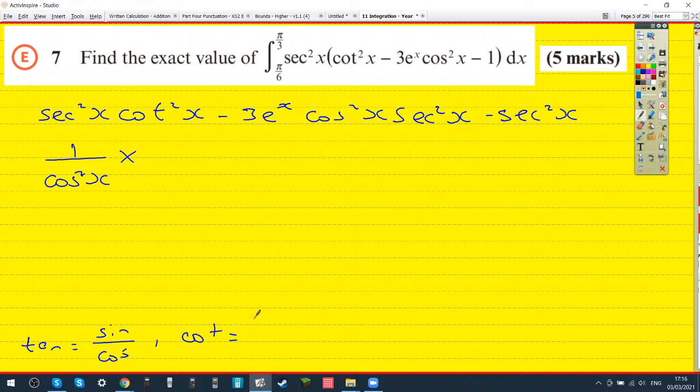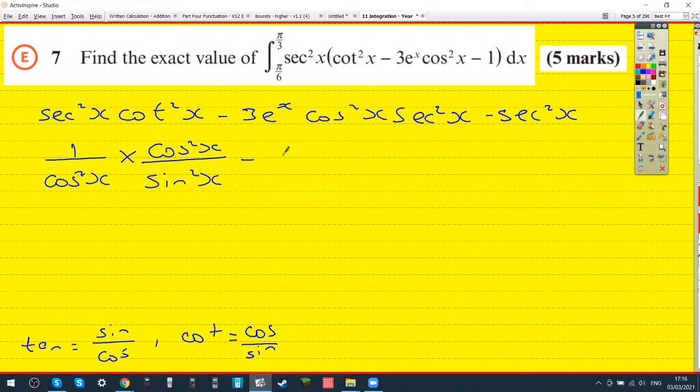Tan is sine over cos, cot is cos over sine. Yep. Or in this case, for cot squared x, cos squared over sine squared? So cos squared x over sine squared x.